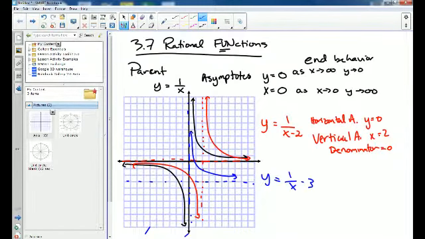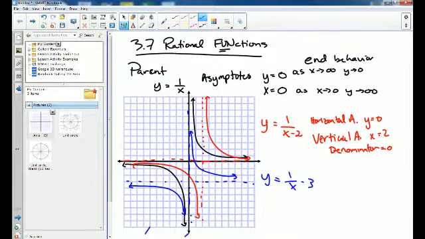It's getting kind of messy. What's the horizontal asymptote here?